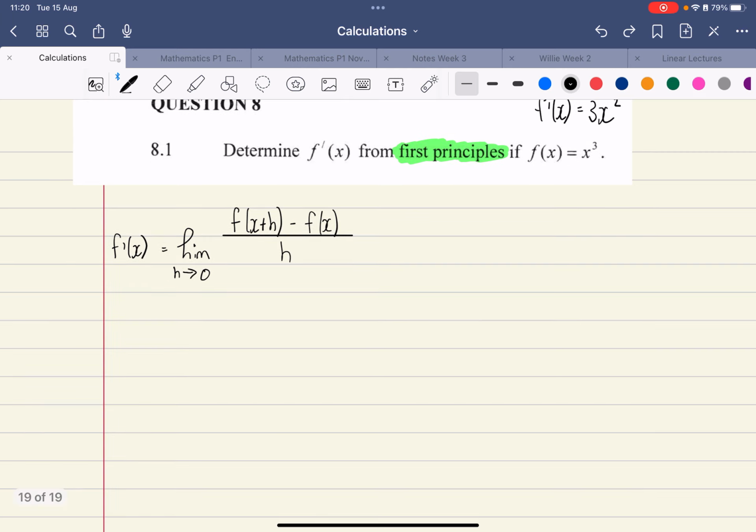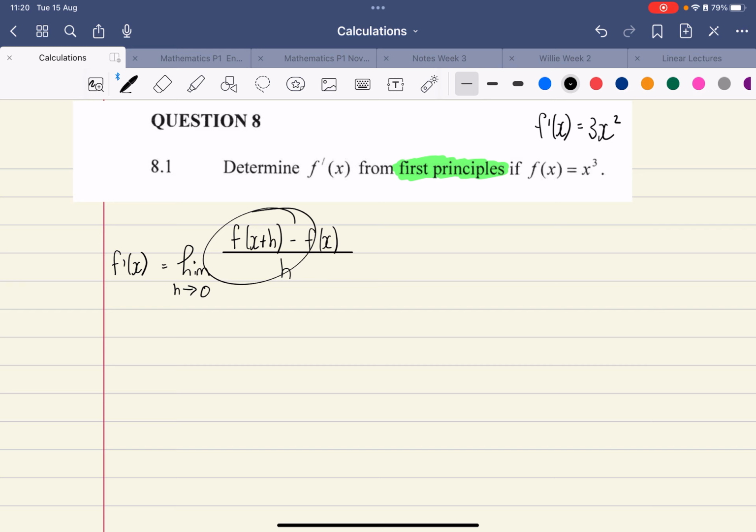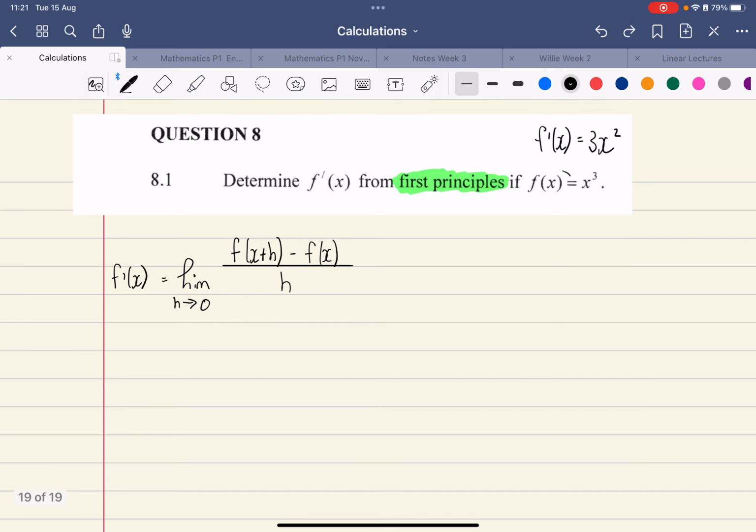Alright, so step number 1. Let's determine f of x plus h. Well, if f of x is equal to x cubed, and our alteration to f of x is where x has a plus h, all we need to do is sub in x plus h into our x.